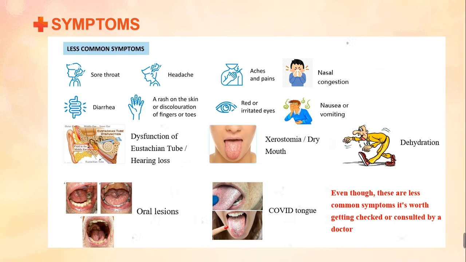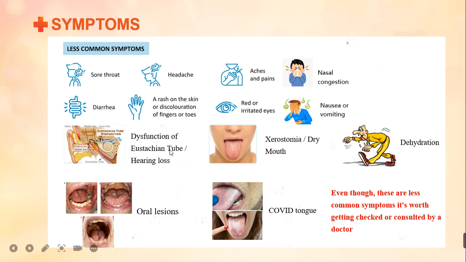The respiratory issues were there earlier as well, but now it's more severe, and the body is having rashes, discoloration, especially around the neck, fingers and toes. It might be swollen, like edematous, and red eye or conjunctivitis, and even your eyes feel irritated as well. Like I said, nausea and vomiting.